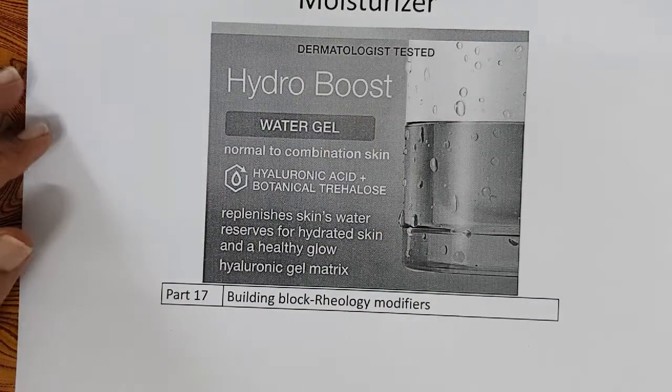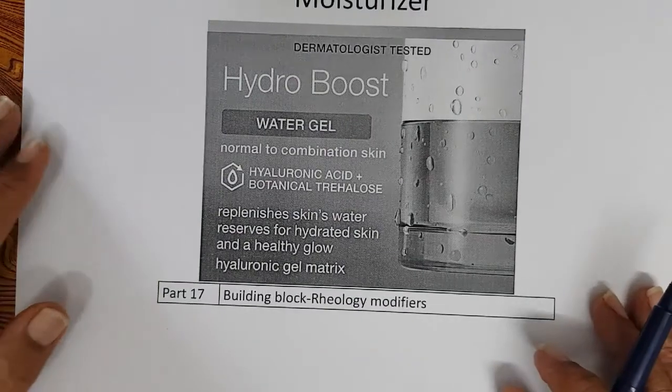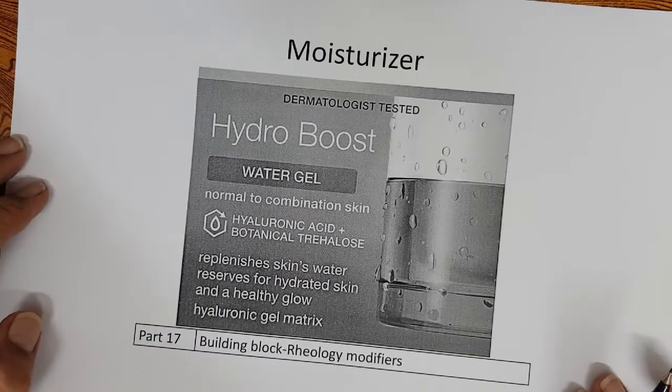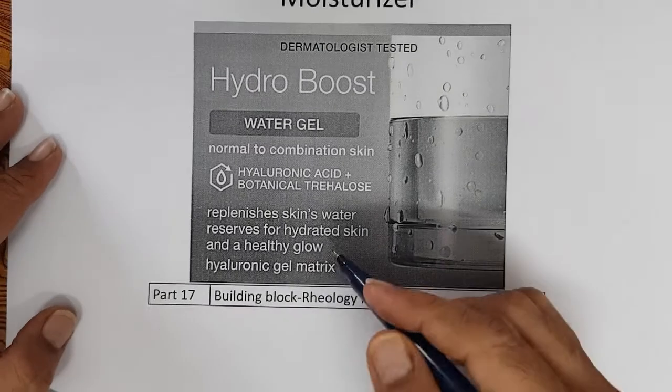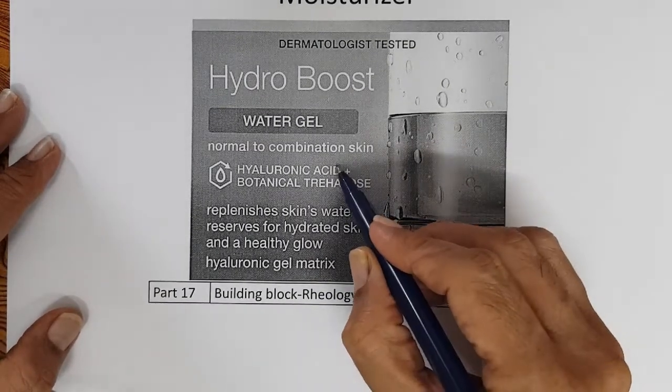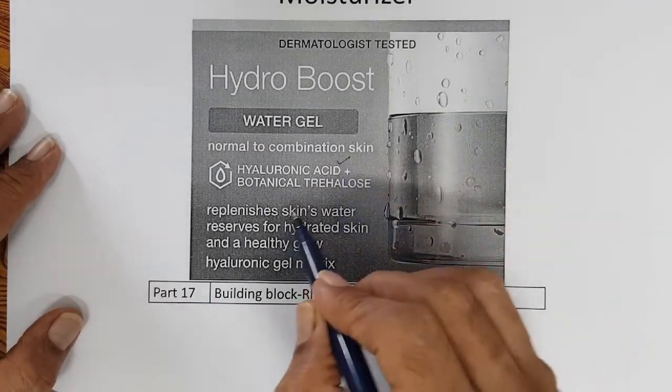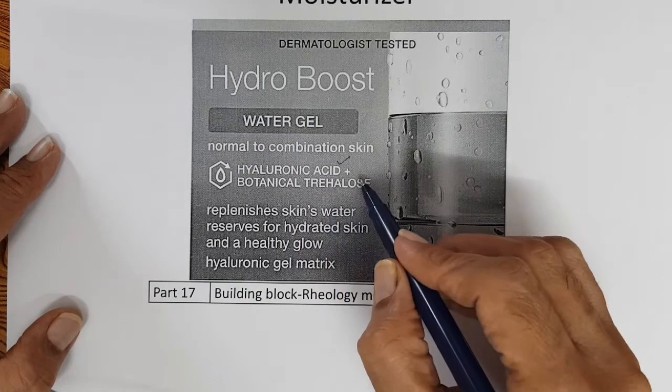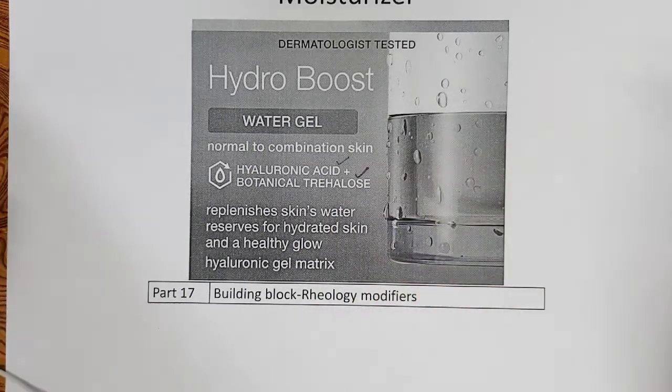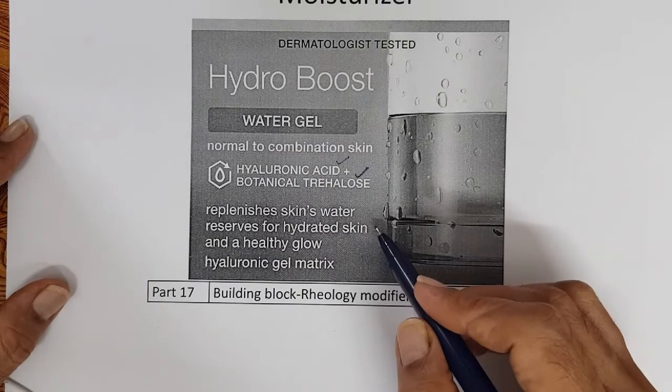Then there is a gel, Hydro Boost, okay, a water gel containing hyaluronic acid and trehalose. Trehalose is a sugar which has very good moisturizing benefit, right? And hyaluronic acid, it's a gel.